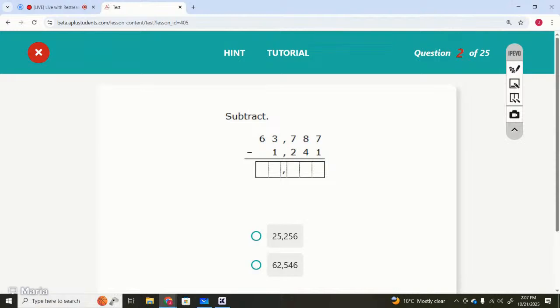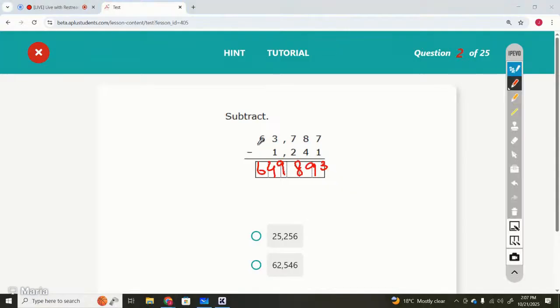63,787 minus 1,241. So we have to subtract. 7 take away 1 is 6. 8 take away 4 is 4. 7 take away 2 is 5. 3 minus 1 is 2.